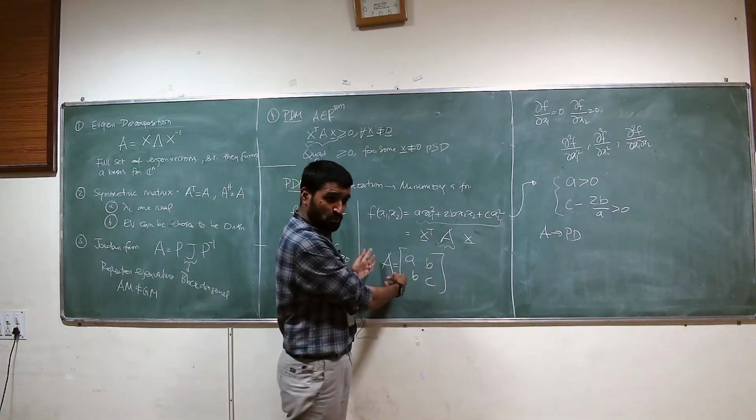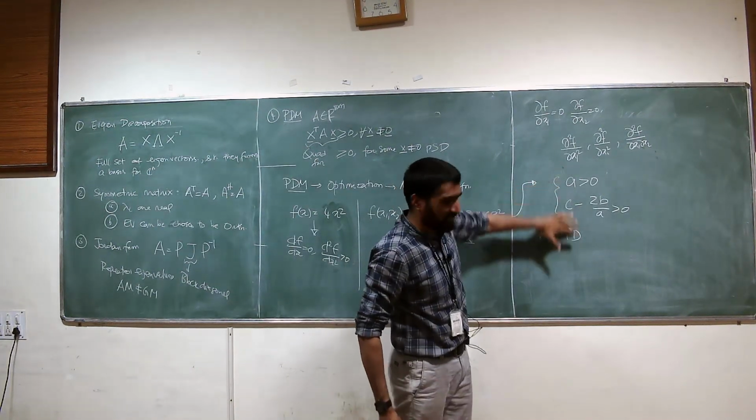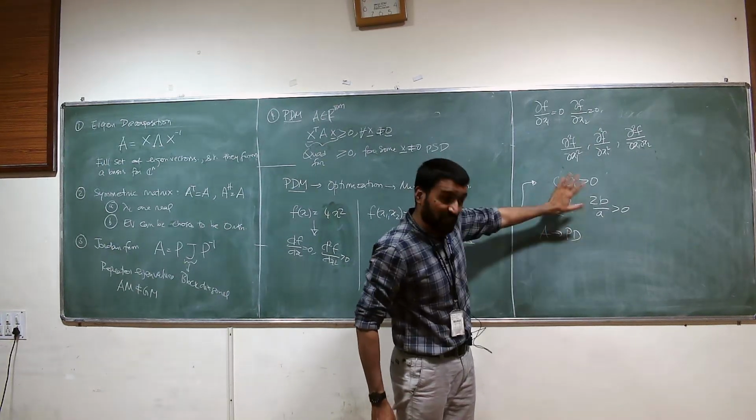So this is for the two variable case. Now we can extend this to the n variable case, and of course if you try and derive these conditions, it will become unwieldy very quickly.